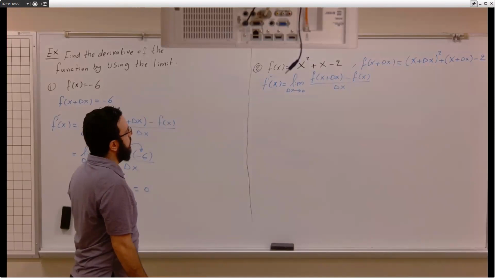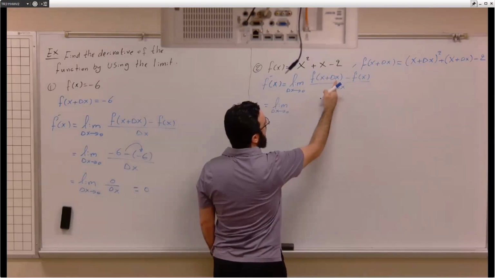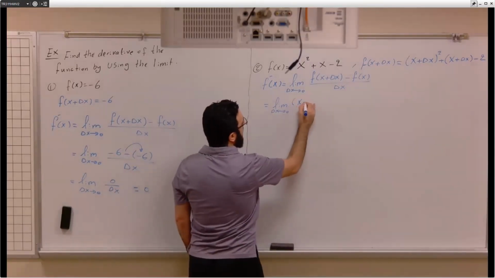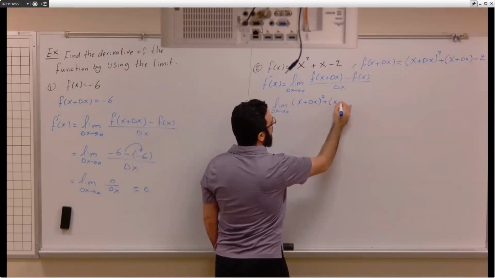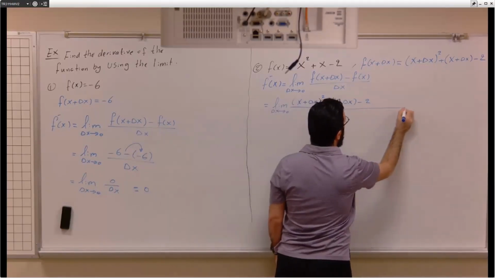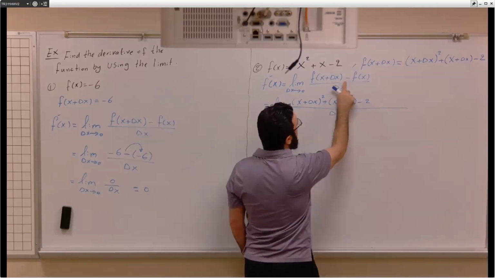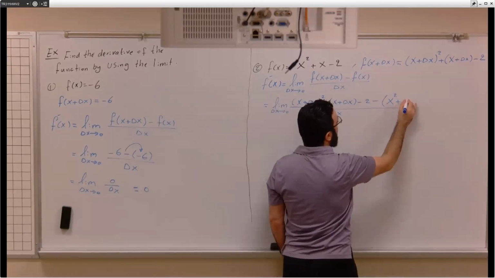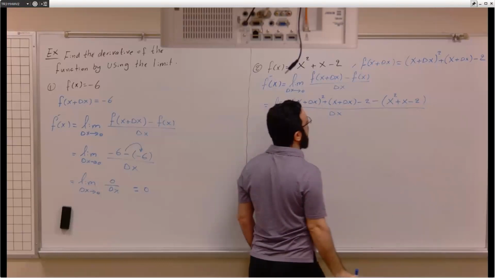It's going to be the limit when delta x approaches 0 of x plus delta x squared plus x plus delta x minus 2, everything divided by delta x. We didn't finish. This is just this part, minus f of x, which is x squared plus x minus 2, and everything is divided by delta x.